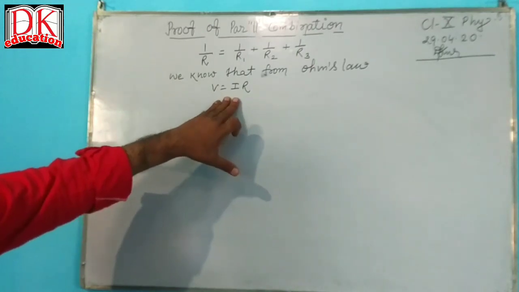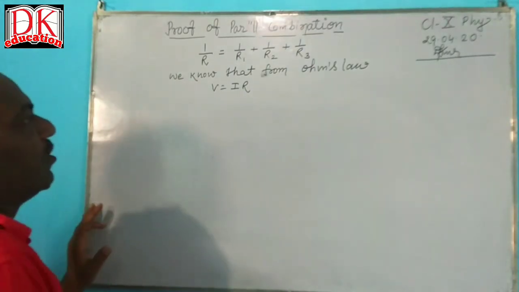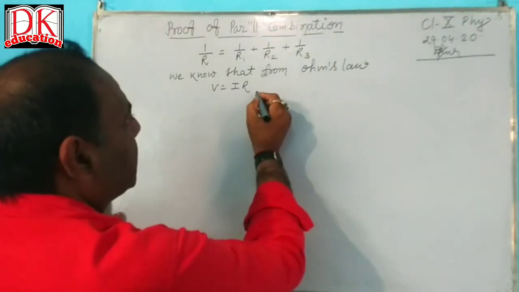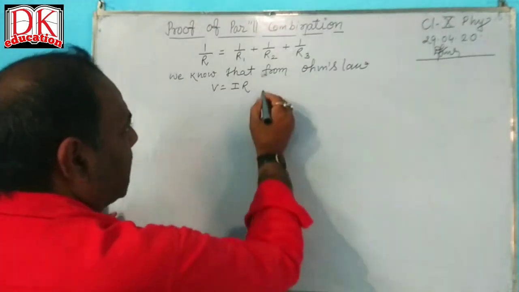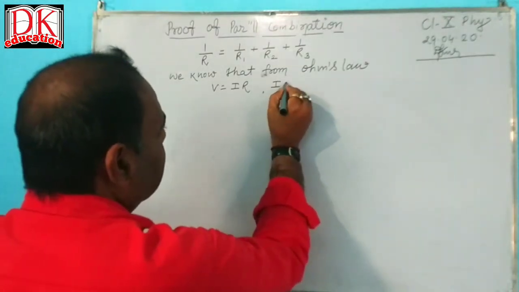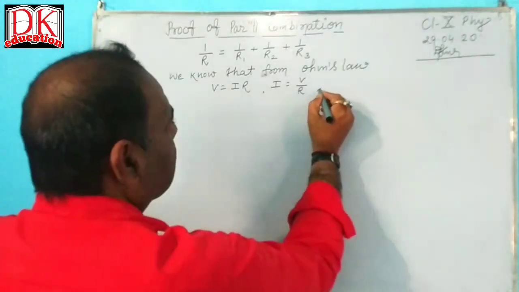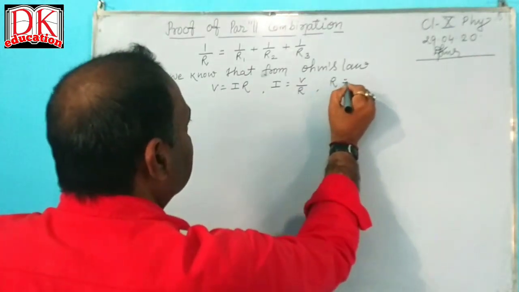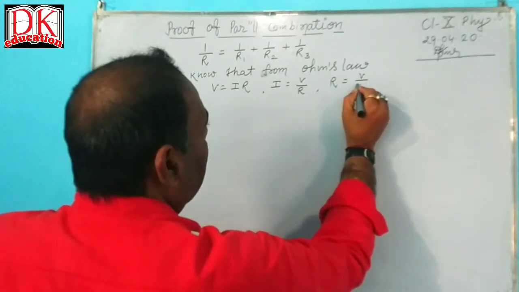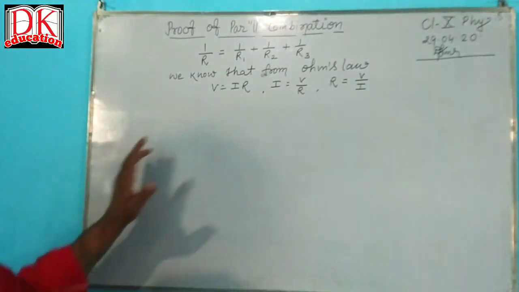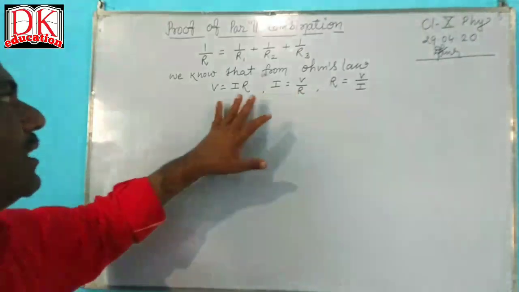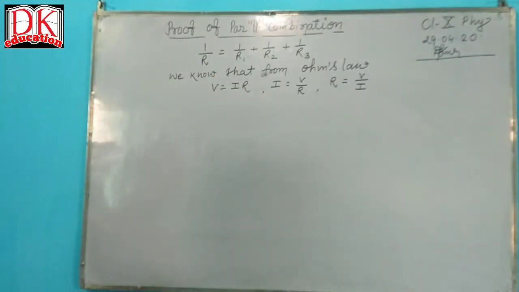From this formula, we get three types of conversion. The first one is I is equal to V by R, and R is equal to V by I. Three types of conversion we get from Ohm's law.